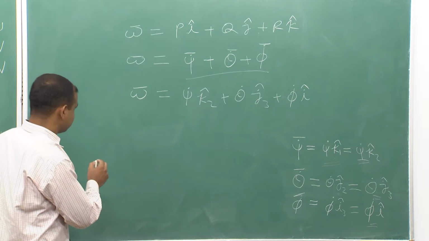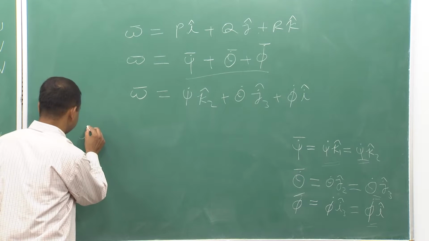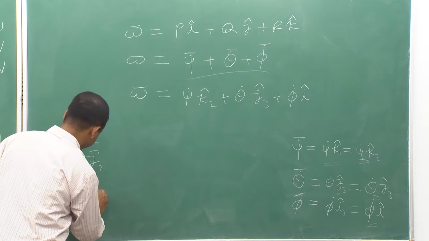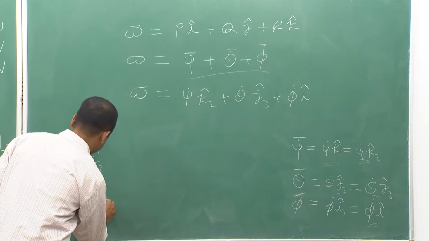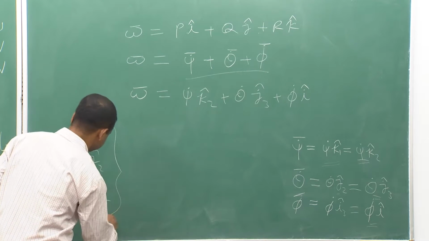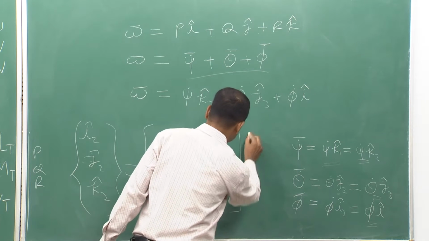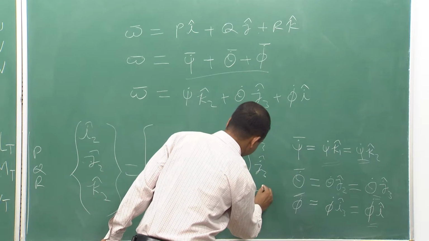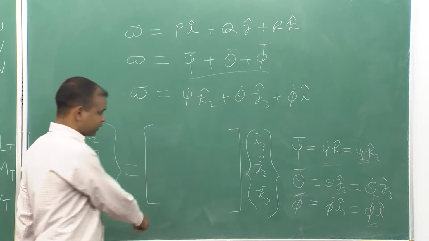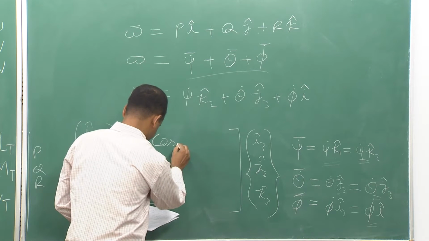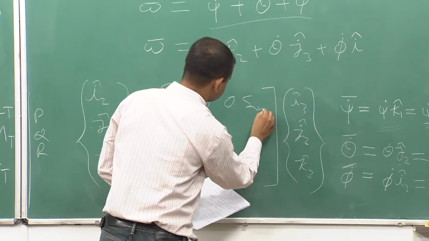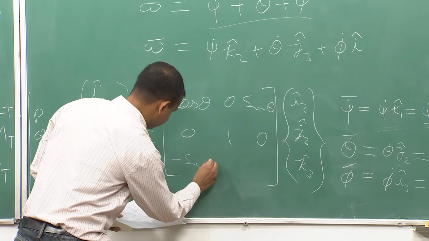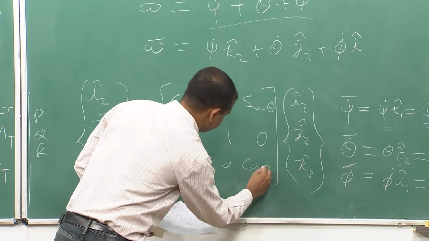If you remember our second rotation, that was theta, and we were getting I2, j2 and k2 from I3, j3 and k3, and the rotation matrix was cos theta 0 sin theta, 0 1 0, minus sin theta 0 cos theta.